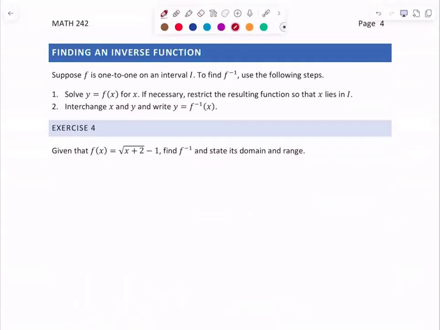Okay, so let's make y equal to square root of x plus 2, minus 1. So remember, we gotta solve for x. So square root of x plus 2 is y plus 1.